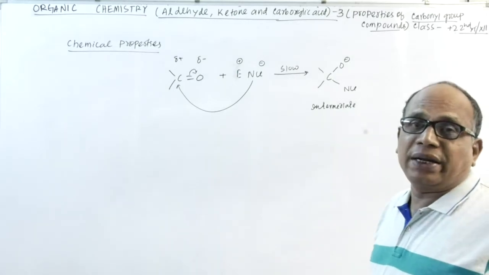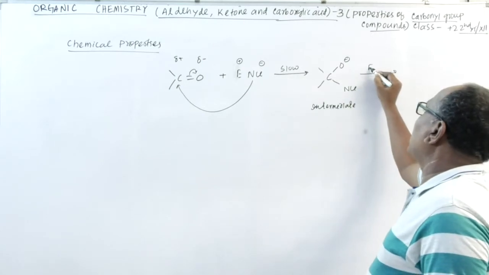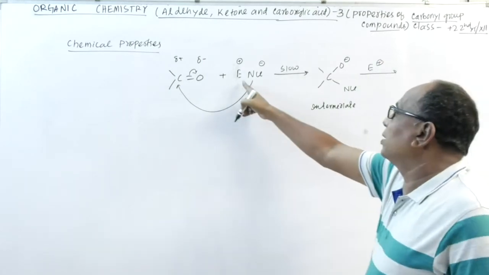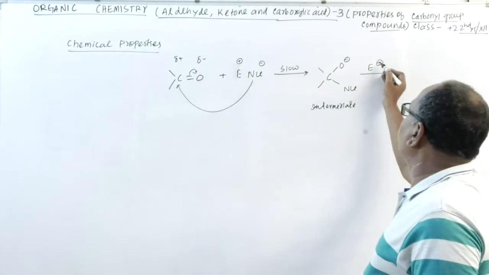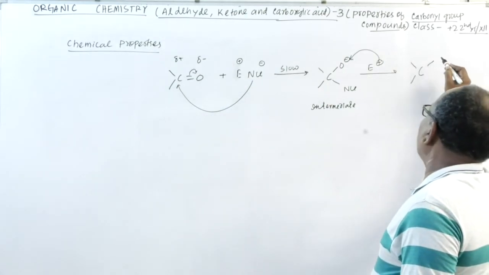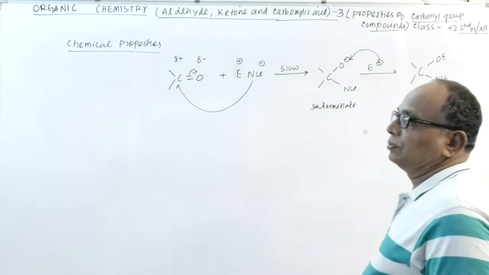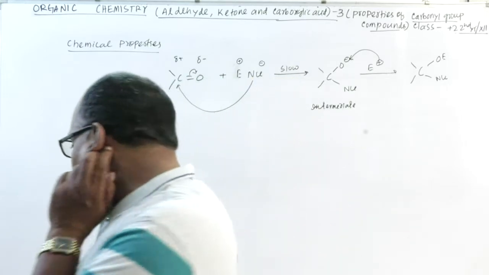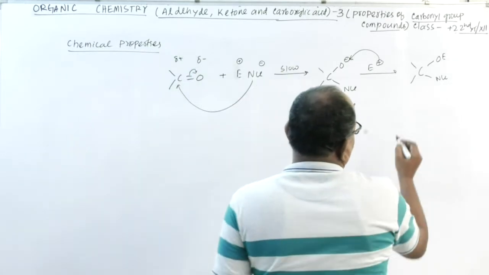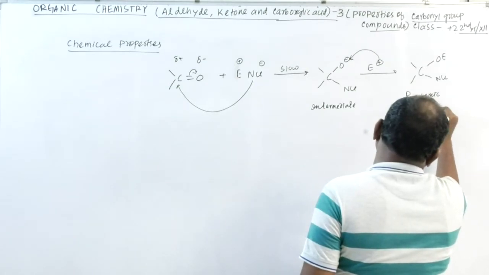After the formation of the reaction intermediate, the electrophilic part, this is E, will attack here to form the addition product. And the addition product must be a racemic mixture.